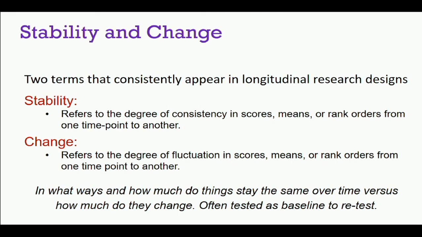Validity, though, is about how valid the measurement is. Not just your accuracy, but is it measuring the construct that we're interested in? Now, reliability is very similar to this concept of stability. If your construct isn't changing, and your test is reliable, then you should see stability across your time points in a panel study.